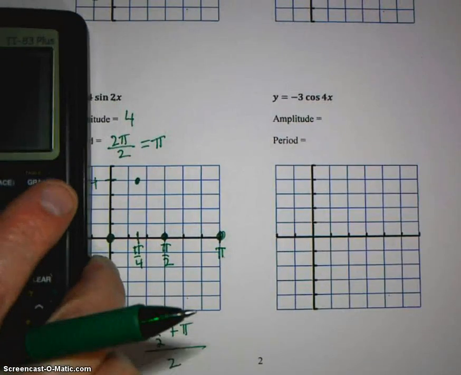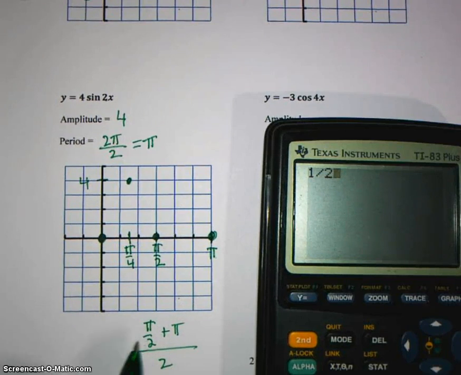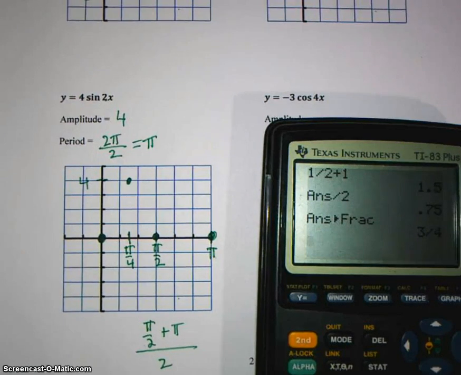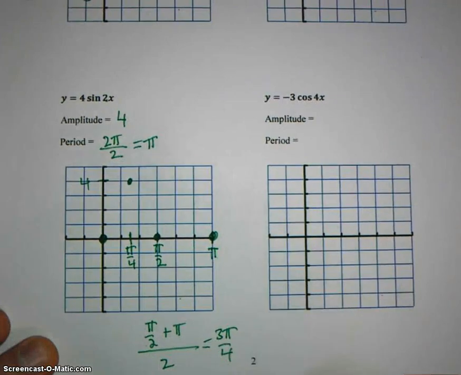The way to do it is to accept that there's going to be a pi in the answer. So ignore the pi at first. I'm just going to go 1/2 instead of pi over 2, and 1/2 plus 1. It gives me 1.5. Then I'm going to divide by 2, and then I'm going to turn it into a fraction. So my answer is 3 pi over 4.